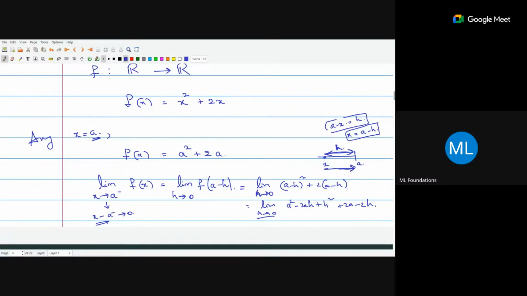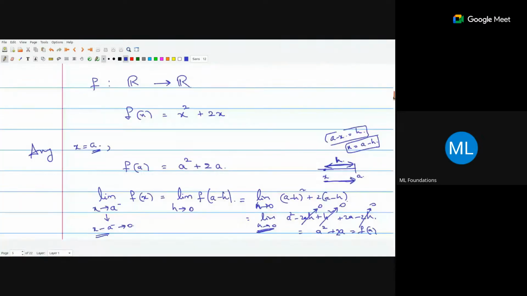As h is tending to 0, the terms with h go to 0, and what remains is a square plus 2a, which is equal to f of a. And also you can check for the right hand limit.